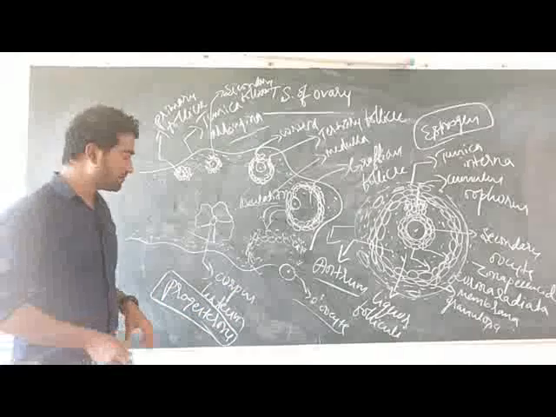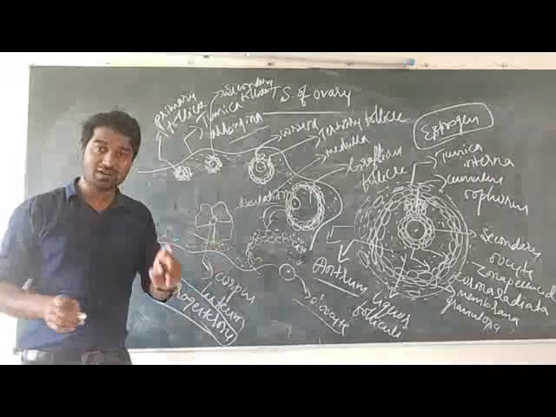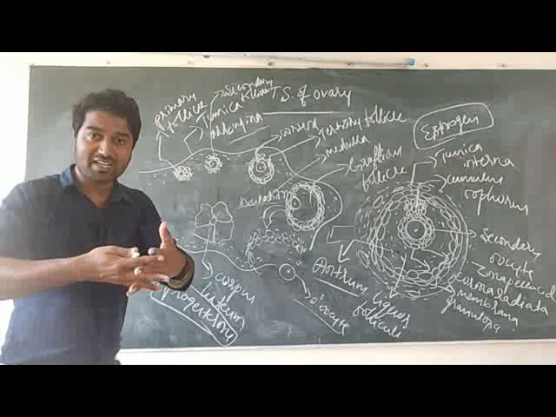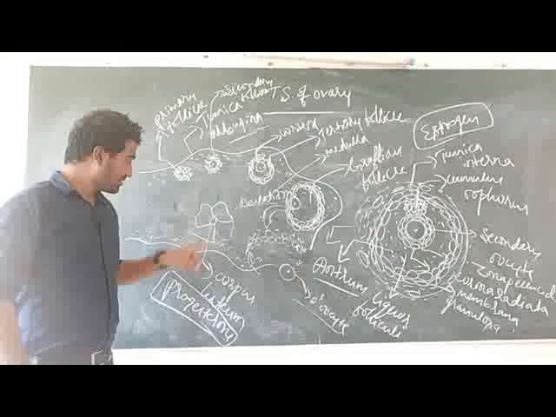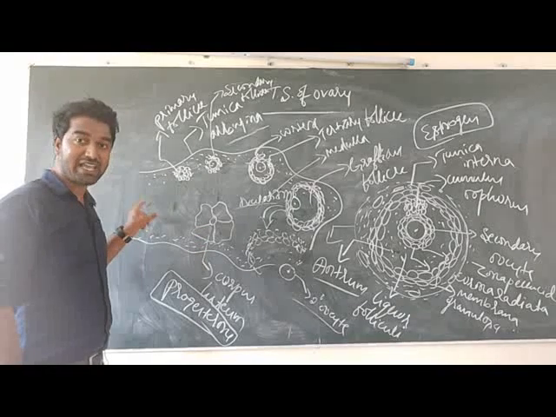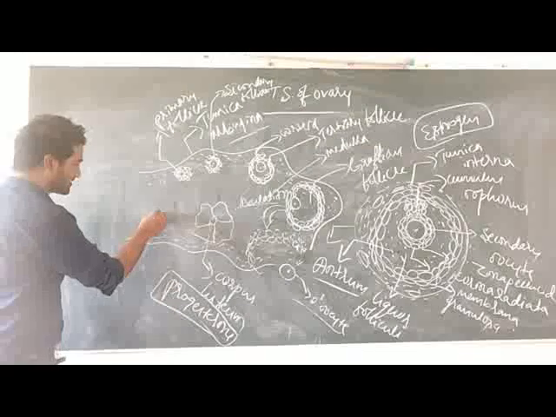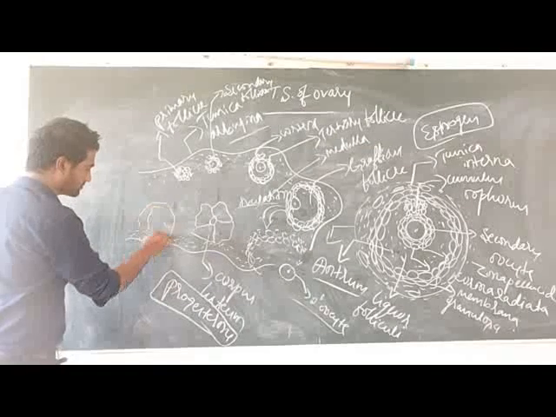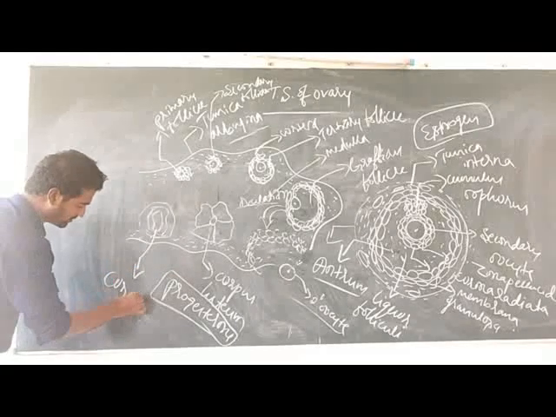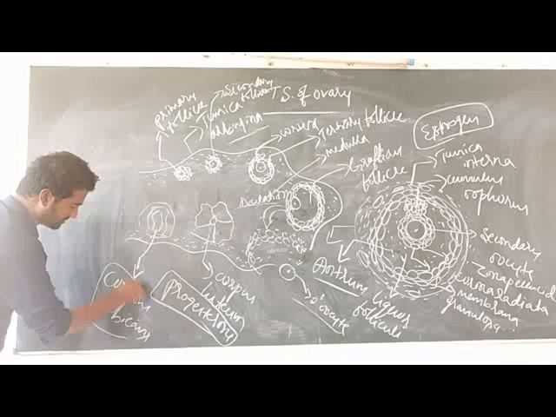And dear students, remember this thing: if pregnancy does not take place in the female body, or fertilization does not take place, this corpus luteum is going to transform into another kind of structure, known as corpus albicans.